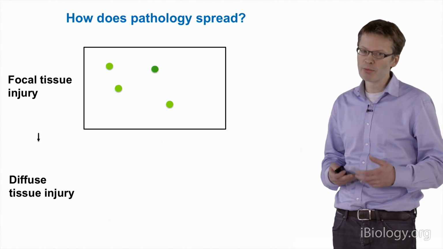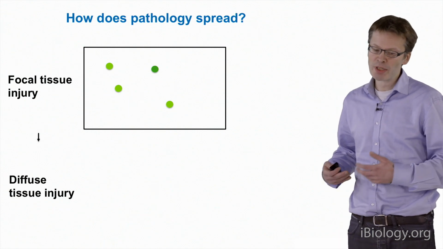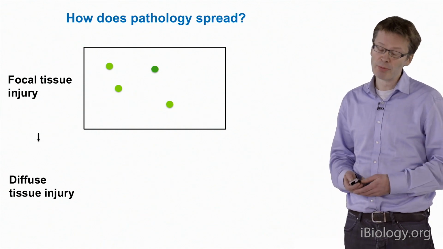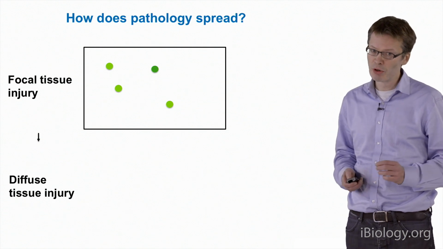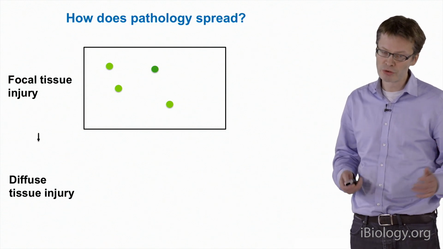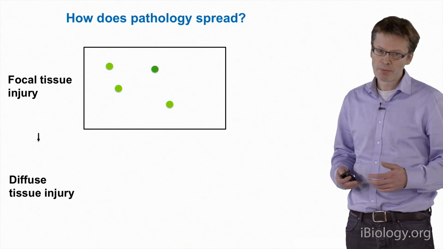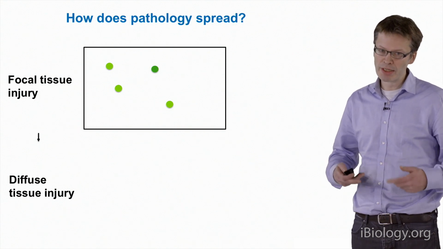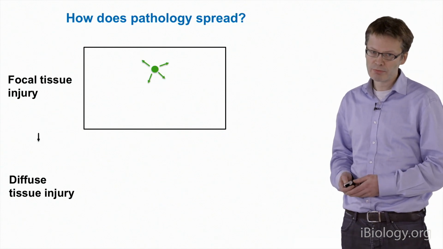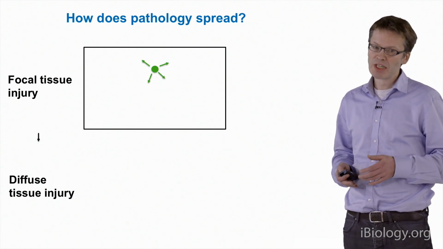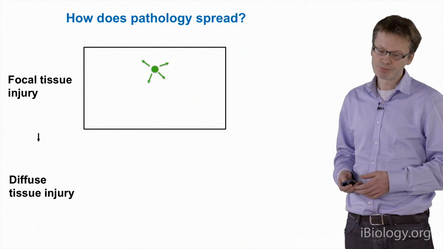Not only inflammation is likely to spread, but also the tissue damage. The green spots again are areas where a lesion is formed, where you have focal tissue injury. Some of these lesions may recover by remyelination, the process where new myelin sheaths are formed again. However, in some of the lesions, the damage may persist.